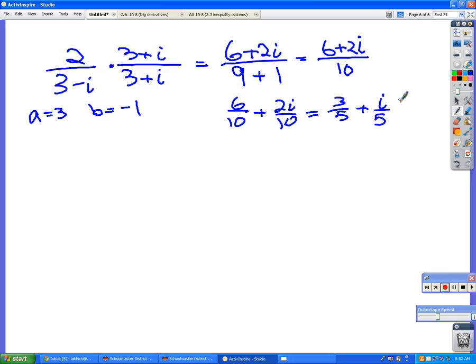From the definition of a complex number, a is the real part, and b is the number in front of the imaginary part. The negative i is the positive i? Yes, that was all good.